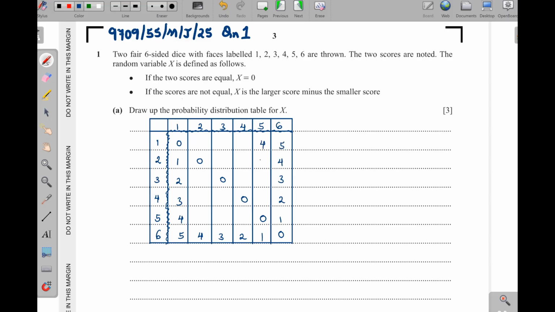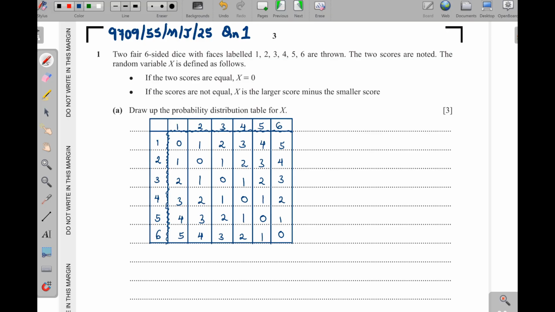This will be 4, 3, 2, 1. This will be 3, 2, 1. This will be 2, 1, 1, 2. This one is going to be a 1, and 1, 2, 3. So that is what we are having there.